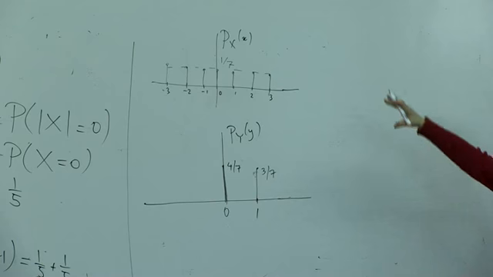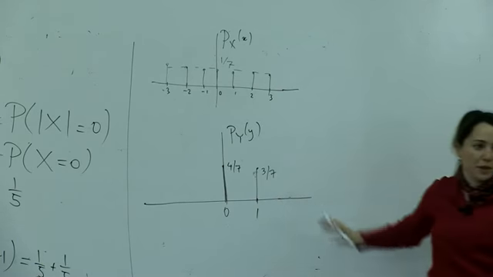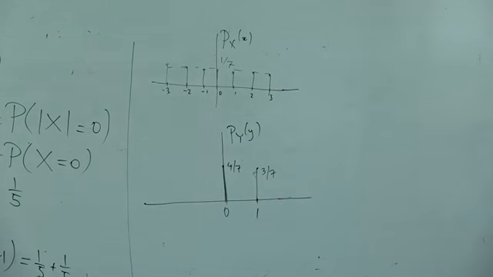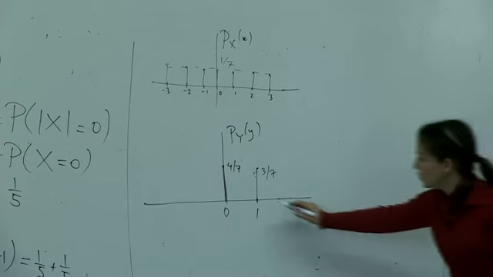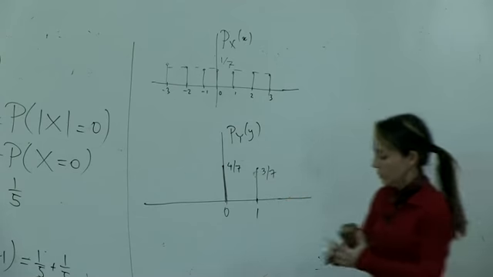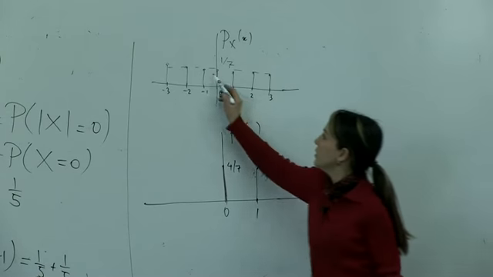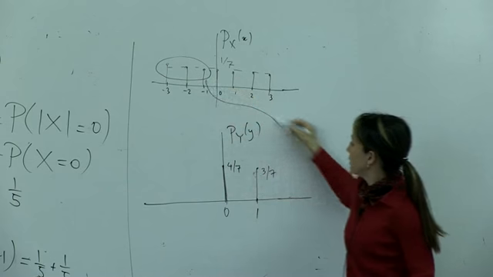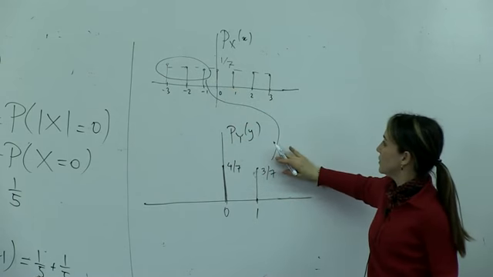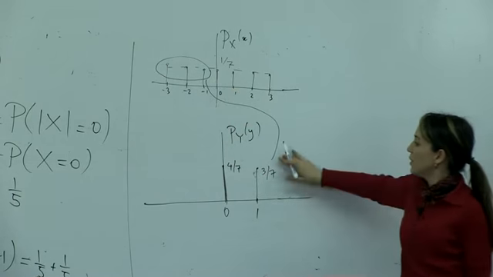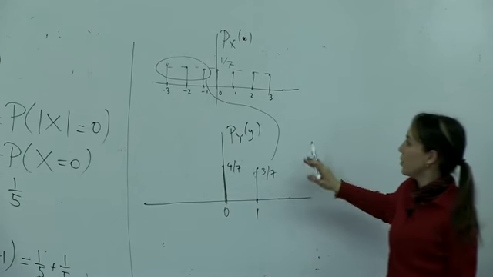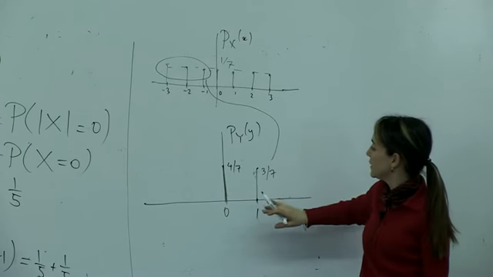Okay, so this PMF has been mapped to this PMF by this transformation. Okay? So for this value, I summed up these. Oh, no. What did I do? It's completely wrong, right?